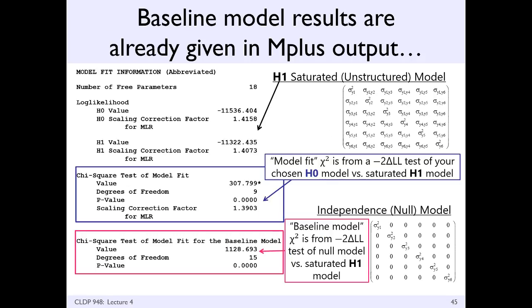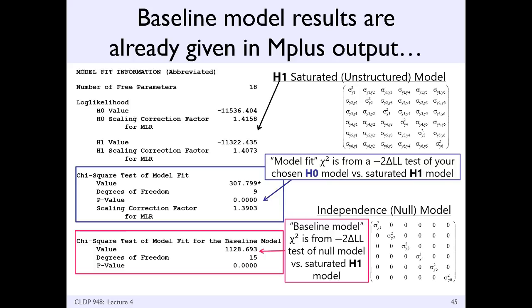So here's an example of what the output's going to look like with these things, and we'll see this in just a minute. So we have, first off, number of free parameters. Now when I think free, I think leftover. But no, that means free to not be 0.